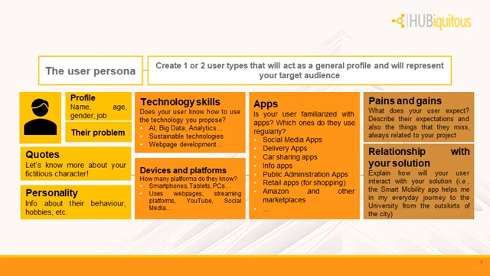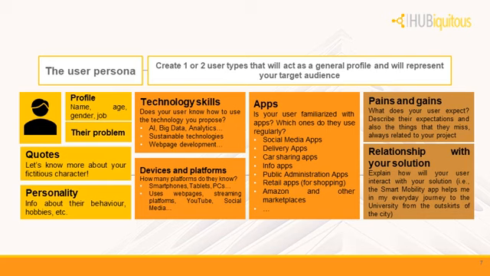And finally, you are going to expose the pains and gains. That is, what does our user expect from our app? For example, if she is a really active person, but she needs an app that helps her to organize her daily routines. Maybe you are going to put here, since I am a really active person, I need an app that helps me to organize and to plan my week, because I do not have time for everything.